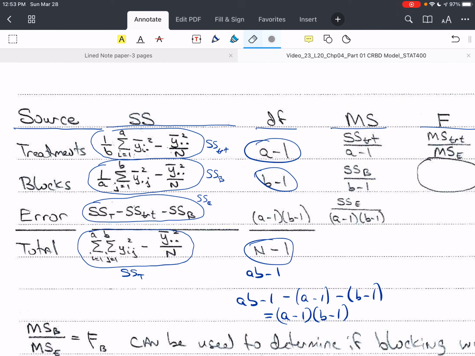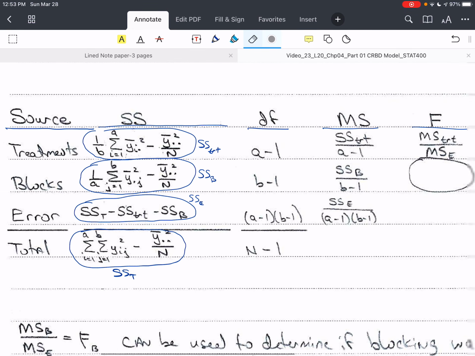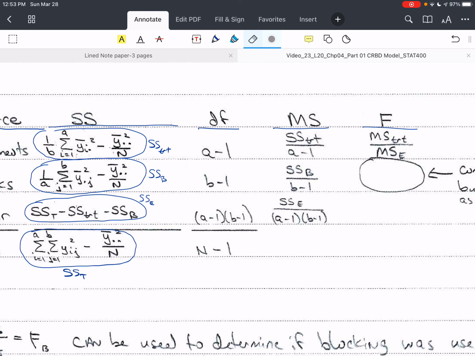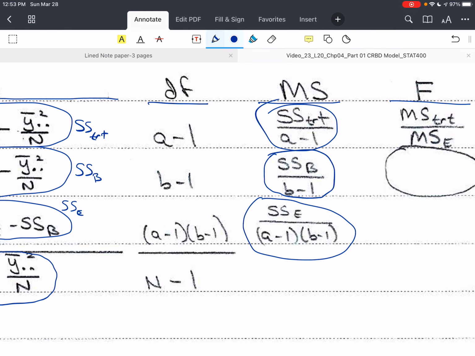That means you can add up these degrees of freedom given here and get capital N minus 1. Now, the mean squares: for the treatment, SSTRT divided by A minus 1, for the blocks, SSB divided by B minus 1, and for the error, SSE divided by its degrees of freedom.